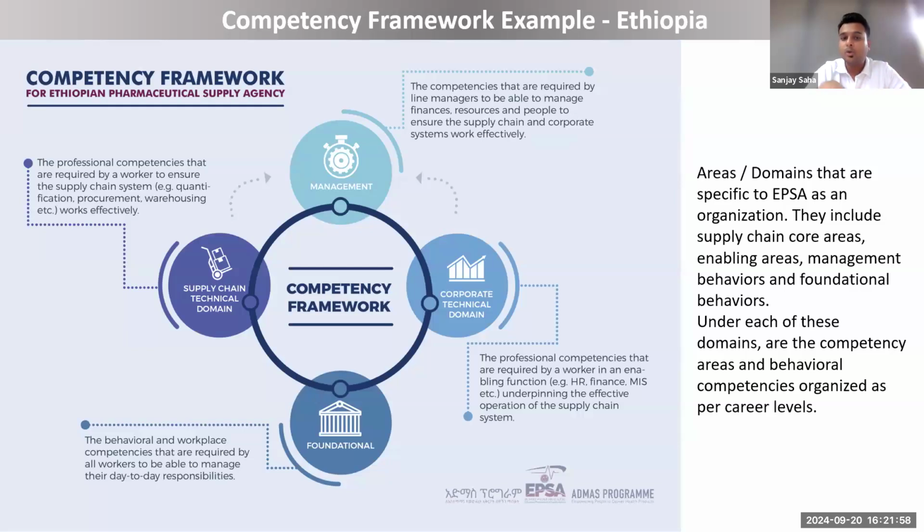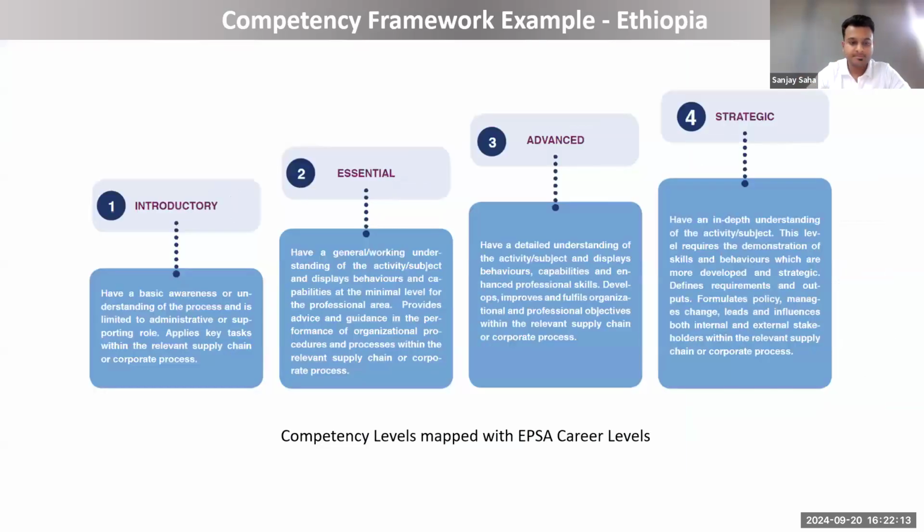Okay, so we mapped it out in this way, and then each box had a list of competencies which EPSA staff would need, defined as per their job hierarchy. So let's look at the next slide. So EPSA, we mapped their entire job hierarchy into four levels.